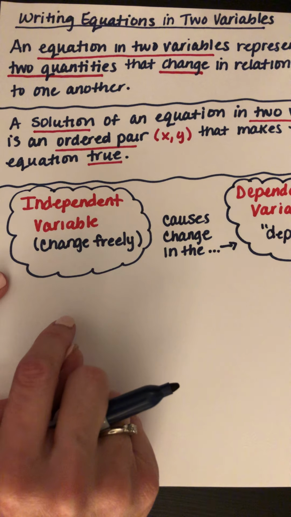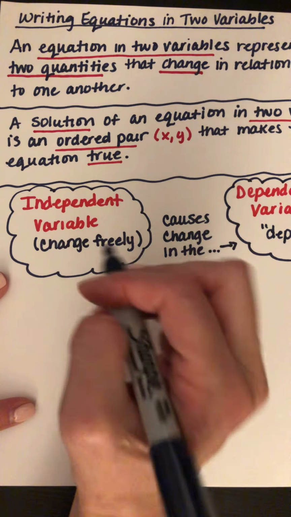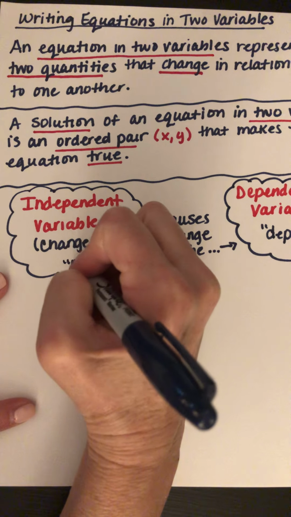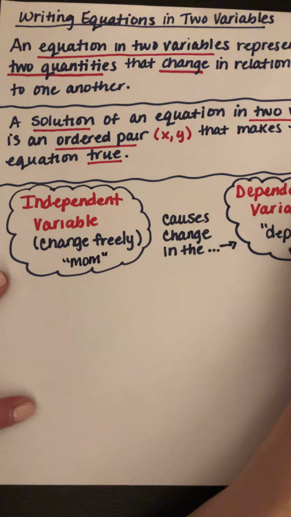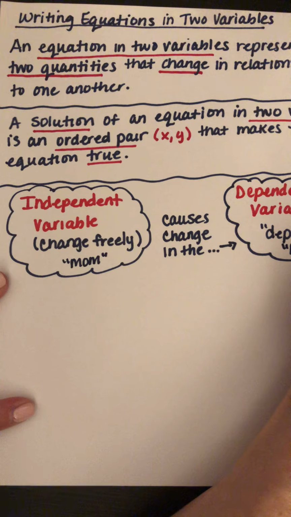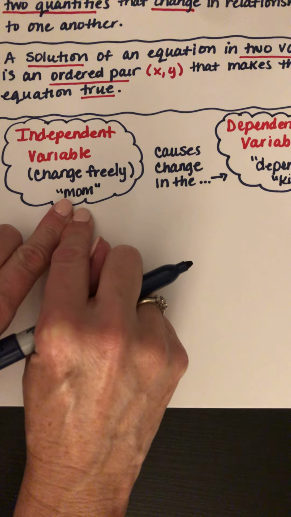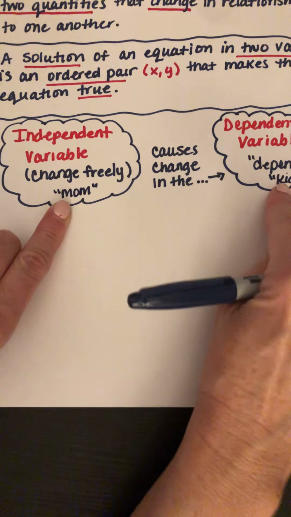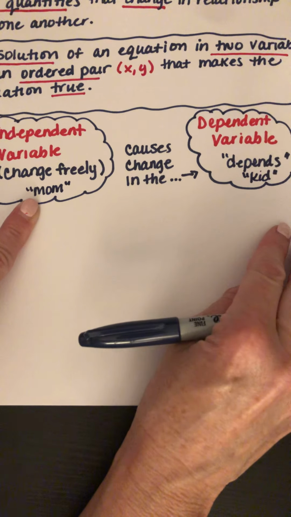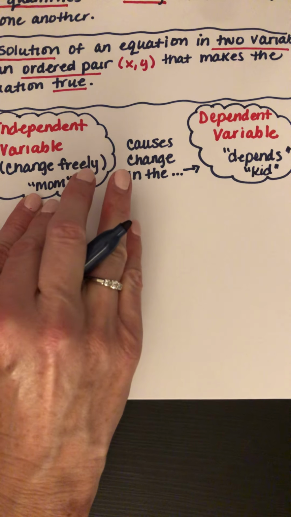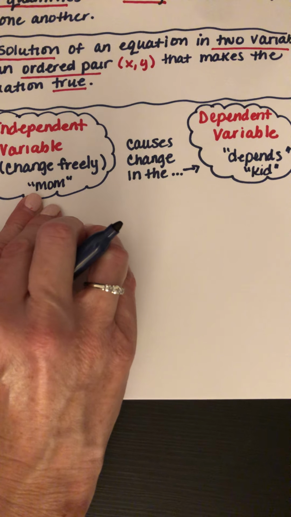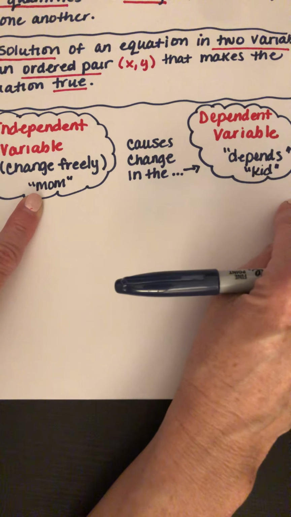So for example, think if you have a mom and a kid. And your mom says, okay, honey, time to go to the store. Well, then you're going to go to the store. But then your mom says, no, wait, now we're going to go to the zoo. Well, now you're going to the zoo.